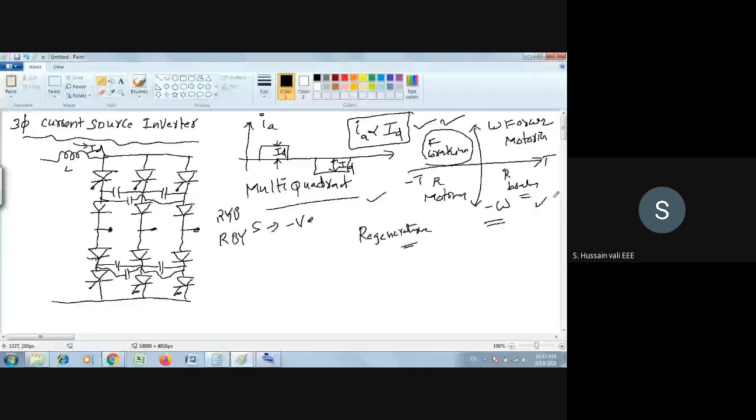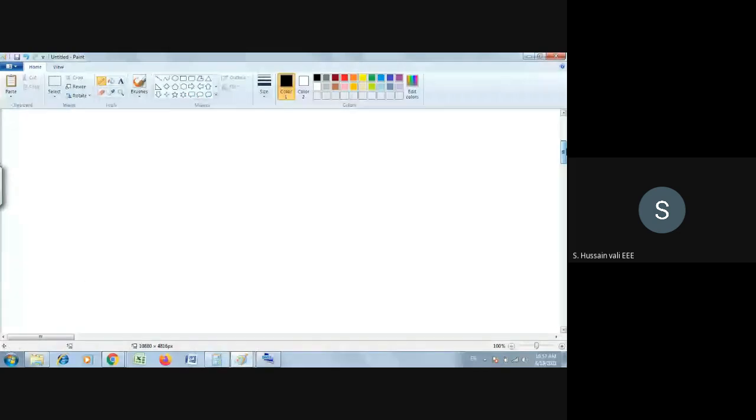The regenerative braking method I explained in the earlier case, the same procedure you follow here, except here it is a current source, whereas the previous case was a voltage source. There is no other difference in multi-quadrant operation and regenerative braking operation.